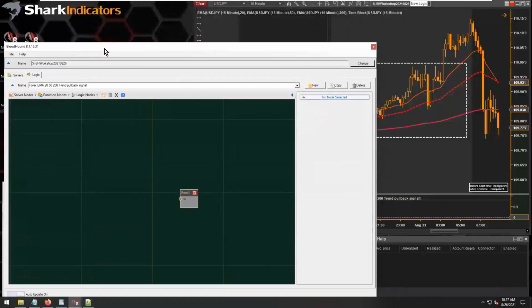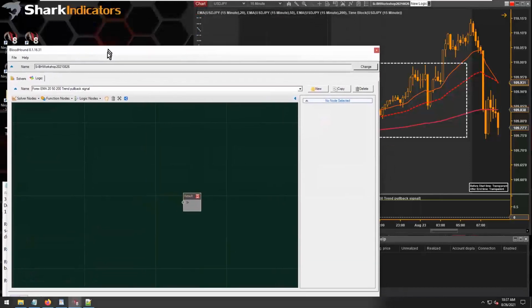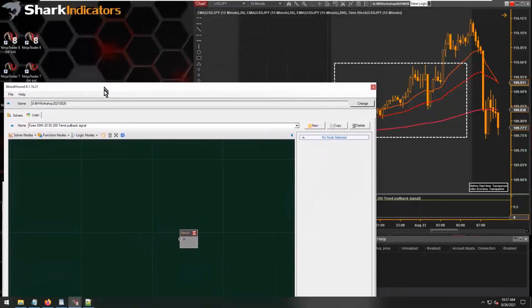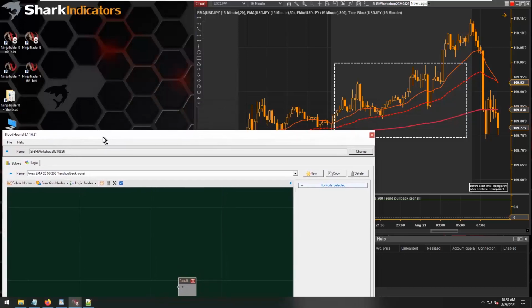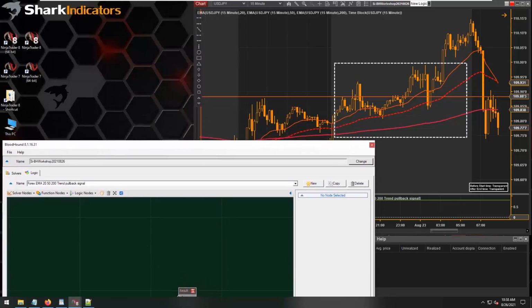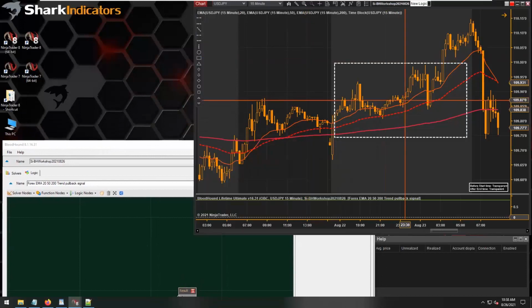All right, so we have the fundamentals set up here for BloodHound. Let's see, thinking this through here. We want to make sure that there's no crossover. If there is a crossover, that's going to invalidate the remainder of the day.